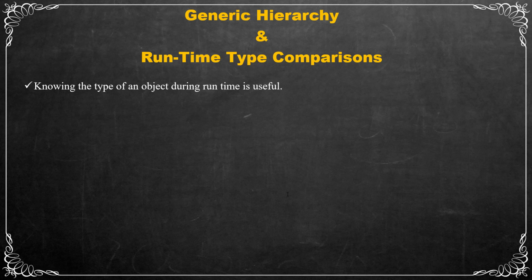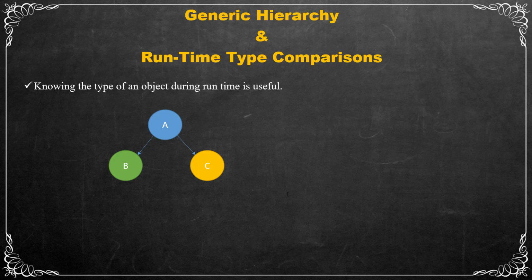Think about this situation. A superclass called A can produce two subclasses B and C. So casting a B object into type A or casting a C object into type A is legal.